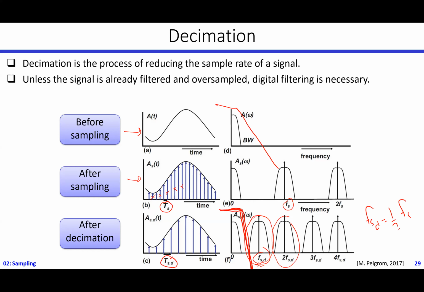Now you went to the digital domain. You are more relaxed in doing what you want there. You can design any order filter you want and have a very sharp filter.